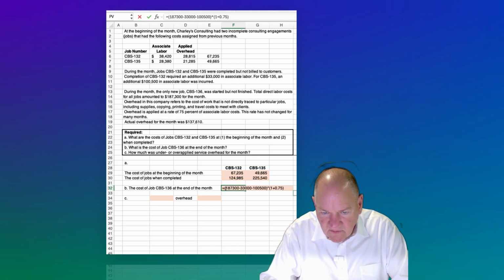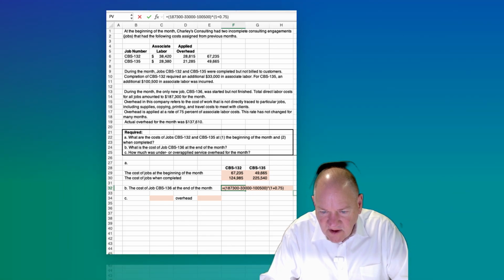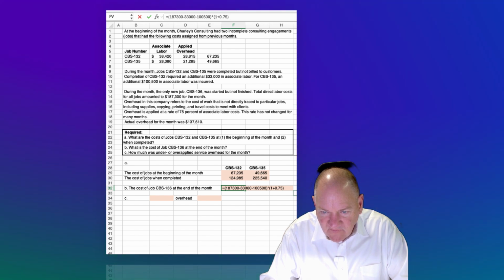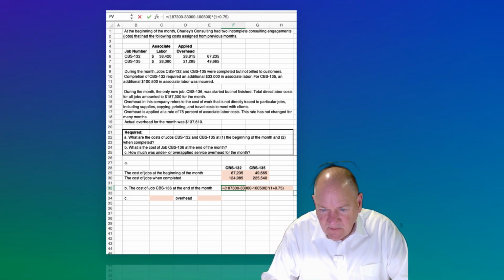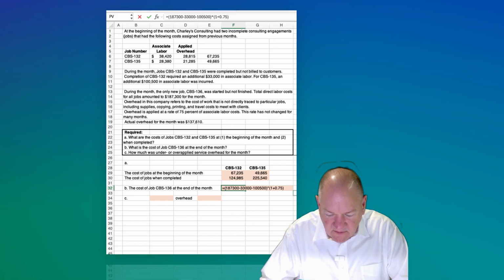So now what I've got is the 187,300 in direct labor costs for all jobs, subtracting the 33,000 for job 132 and subtracting the 100,500 for job 135, and that's going to give me the remaining direct labor costs, which then will associate with job 136, and we'll add to that the overhead cost.